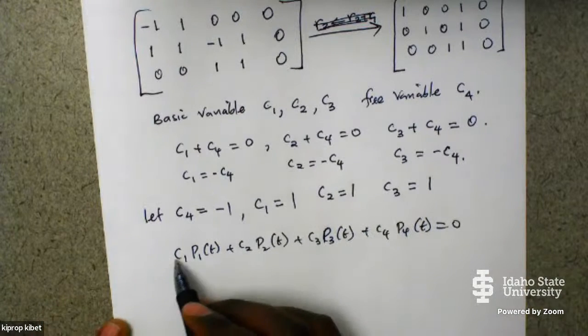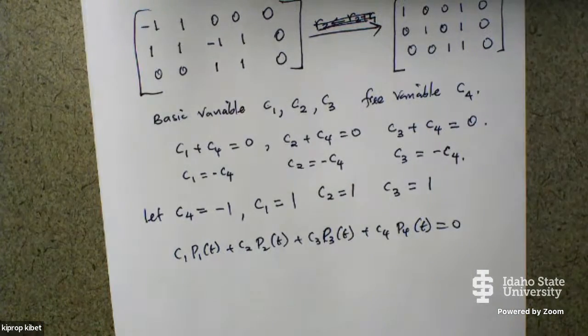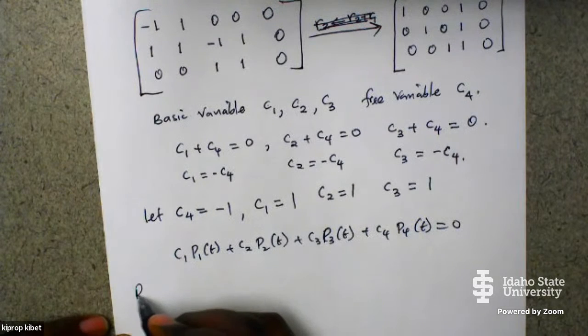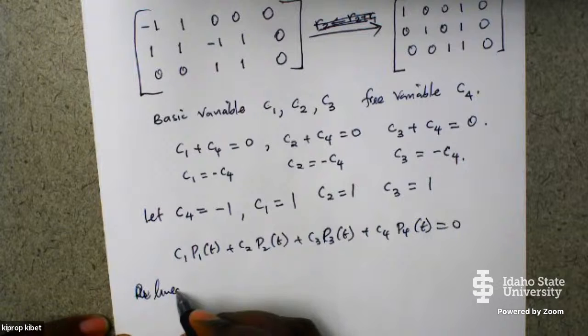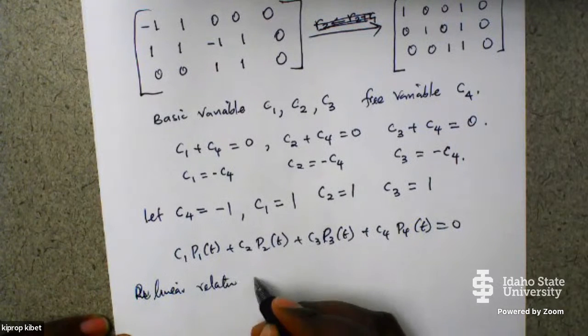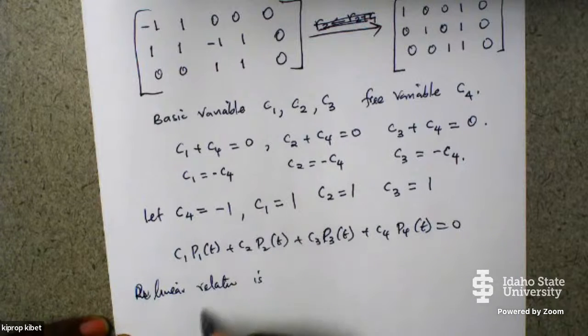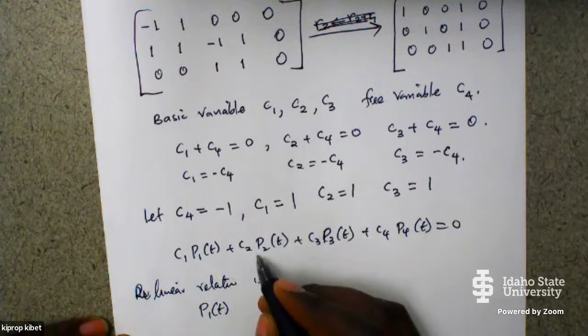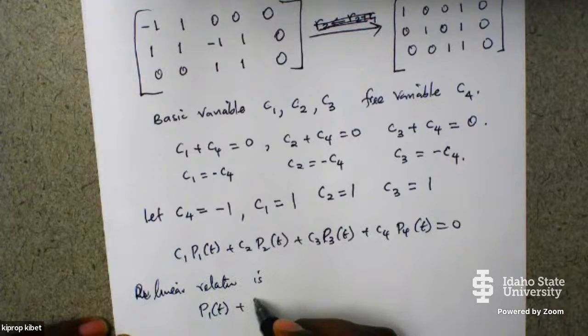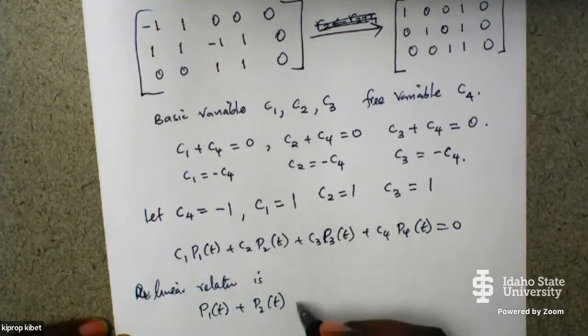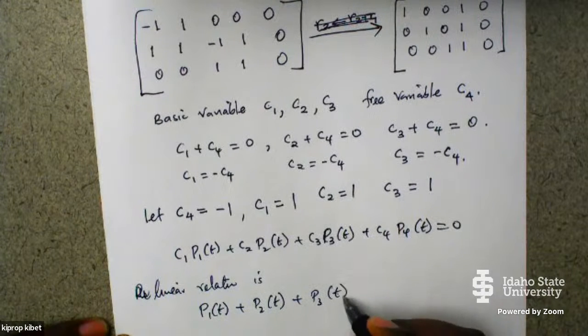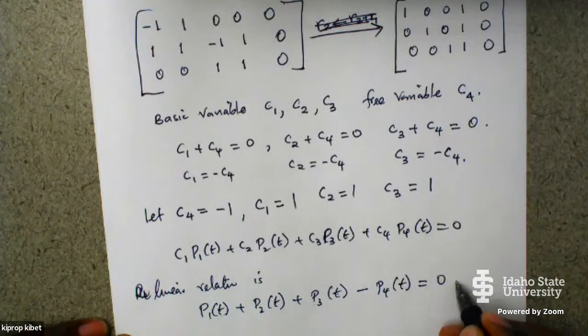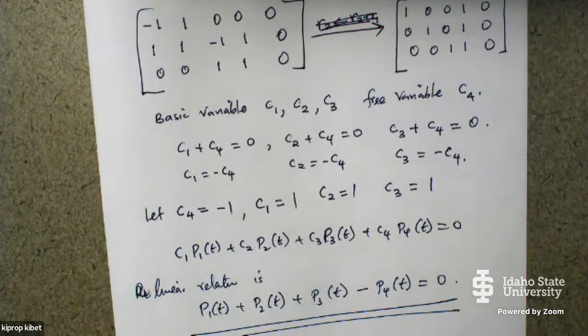We now substitute C1, C2, C3 there. So our linear relation is P1 of T plus P2 of T plus P3 of T minus P4 of T equals 0. That is how we get the linear relation.